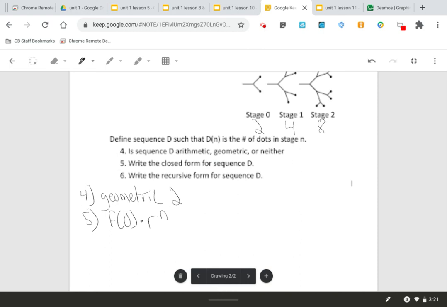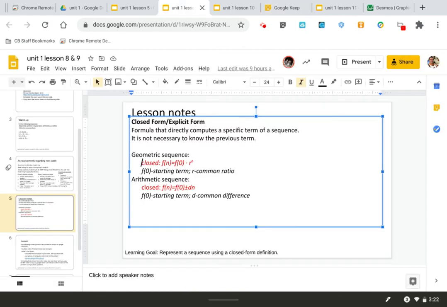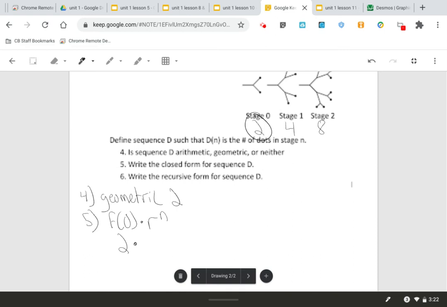In this case, f of 0 is our starting term, and our starting term is right up here. So f of 0 is 2, times r, remember, is my common ratio. We already decided our common ratio was 2 here. So it's going to be 2 times 2 to the power of n. That is the closed form for sequence D.